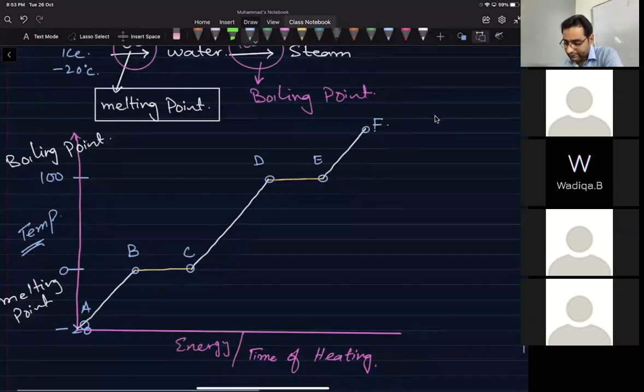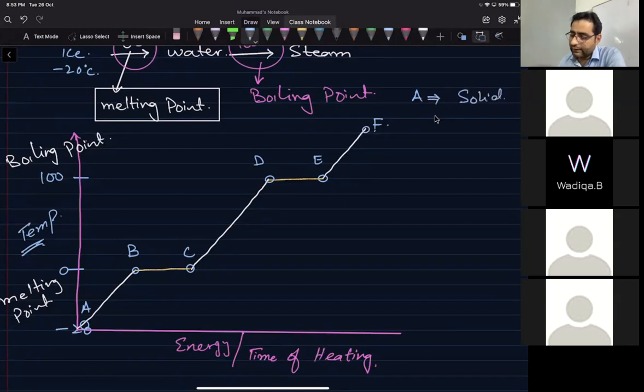At point A, your state of matter is solid. And at point B, when the very first time temperature is constant, at this point, melting starts. And at point C, when the temperature starts to increase, at this point, melting ends.